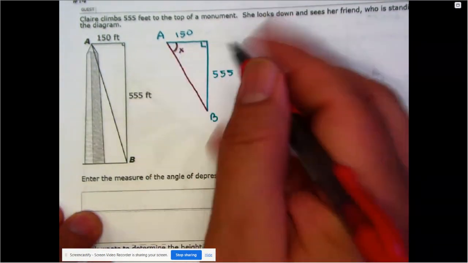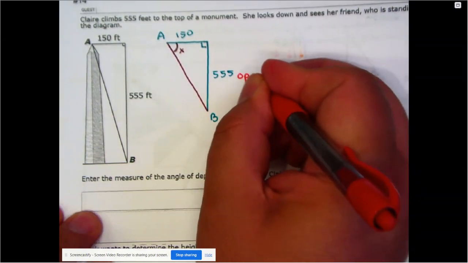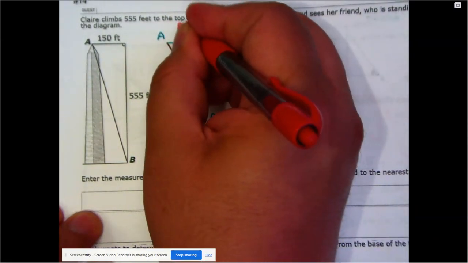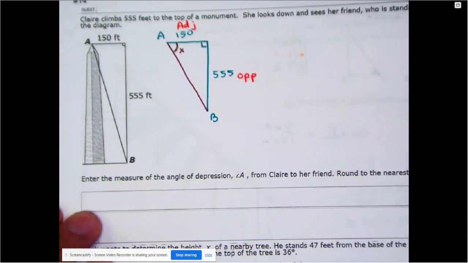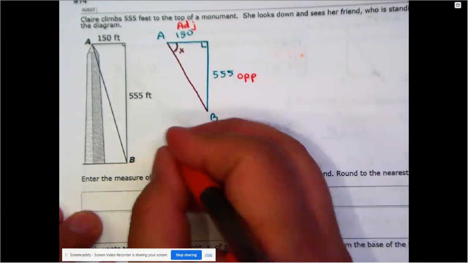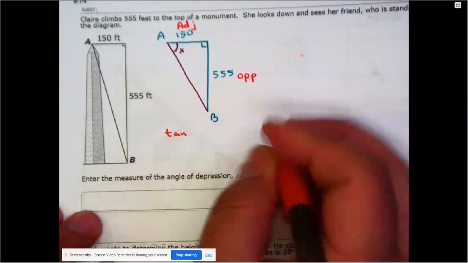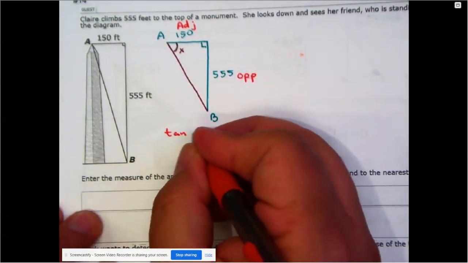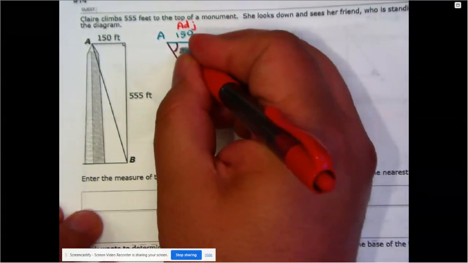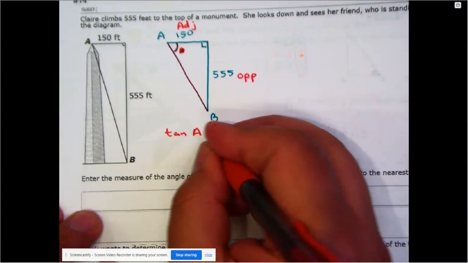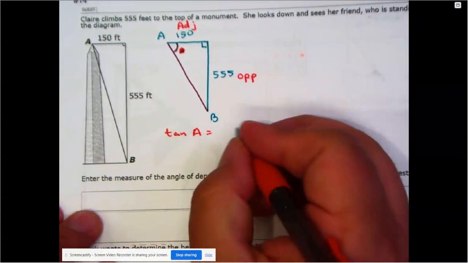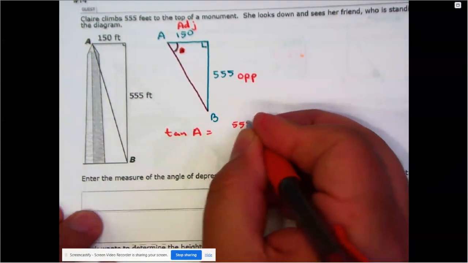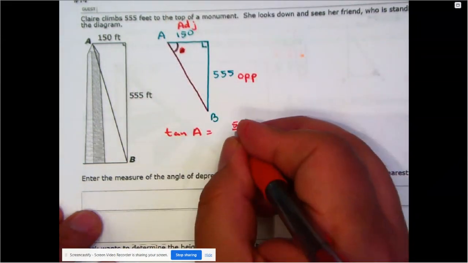If this is my angle, this is the opposite, this is the adjacent, then we're going with tangent. So tangent of A, we should call it A, is equal to opposite 555 over the adjacent 150.